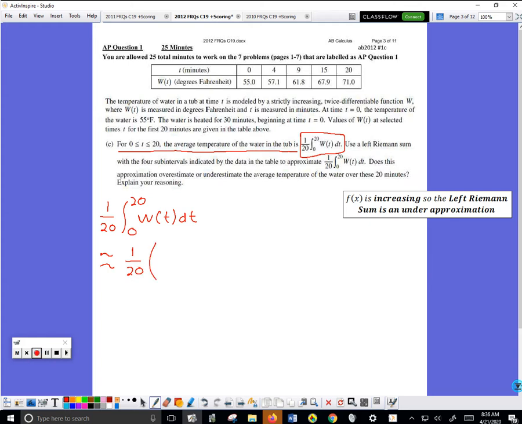We're doing a left Riemann sum. So I go to the 4 subintervals as indicated by data in the table. And I pick the value of W on the left of each subinterval.